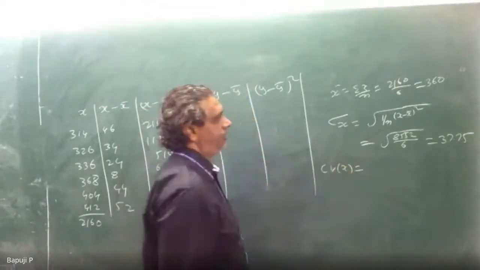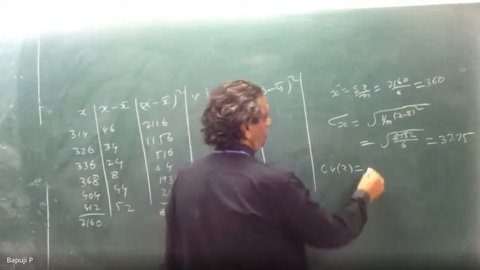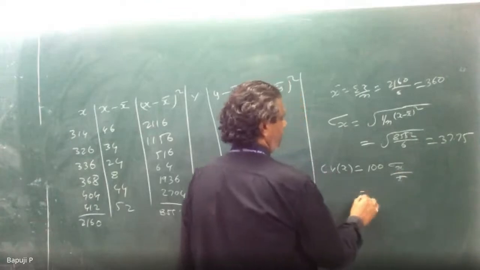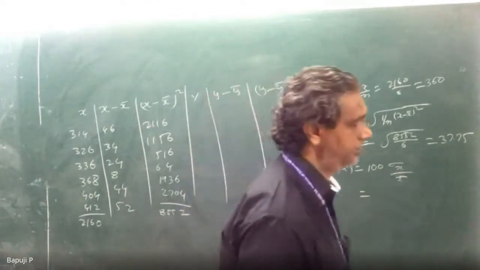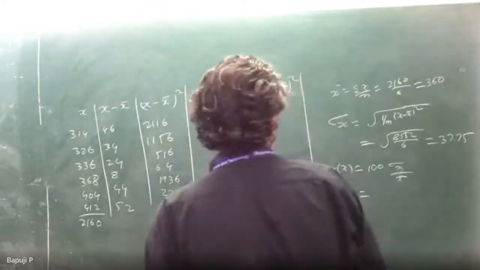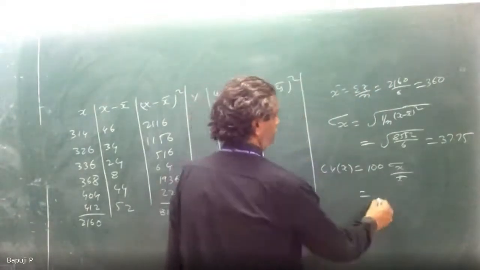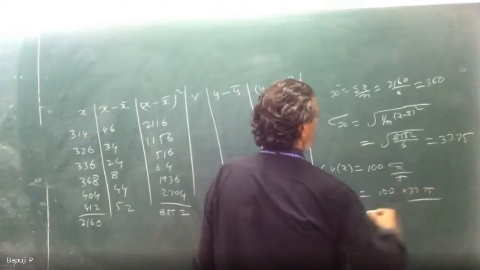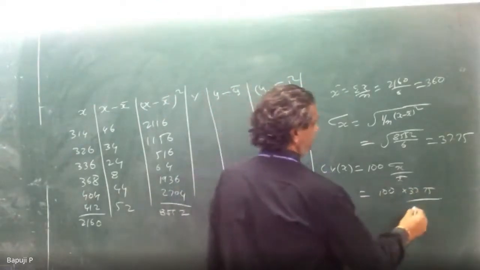Now see, the formula for the coefficient of variation is 100 into sigma x by x bar. What is sigma x? 37.7. And x bar is 360.